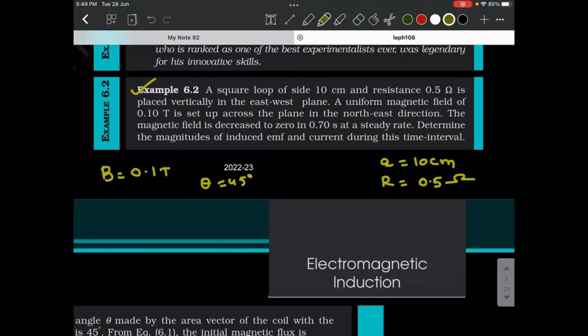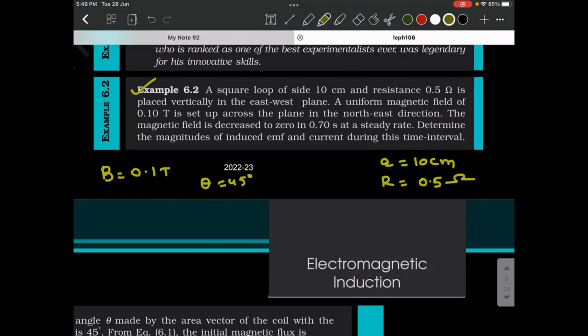But vertically in the sense, see, it is placed vertically in the east-west plane. So it is placed vertical. So this is the east-west plane. Observe, they didn't say east-west axis. They used the word plane. This is east, this is west, and this is the plane, east-west plane. Is that right? So it is placed vertically in the east-west plane.